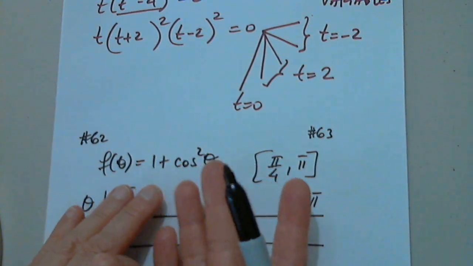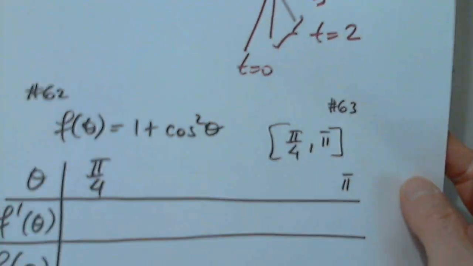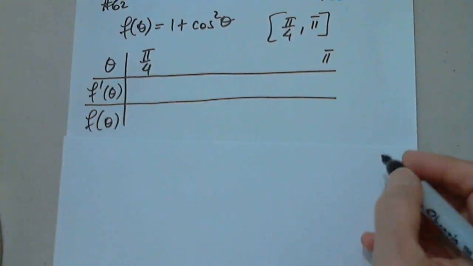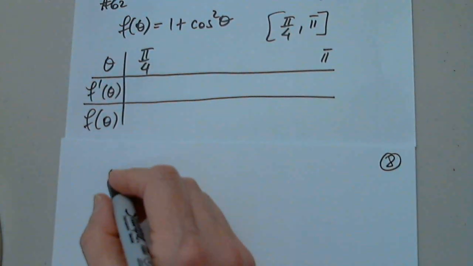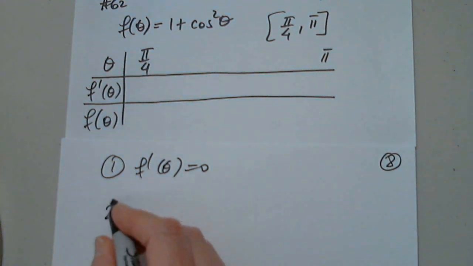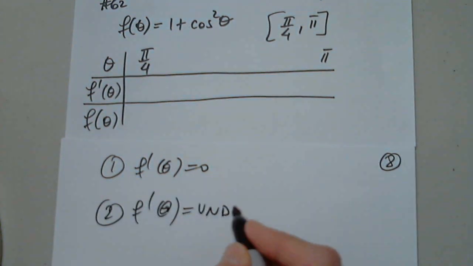This is always defined on pi/4. Its derivative is always going to be defined, so no critical numbers coming from f prime being undefined. But I'm going to write it anyway, so it's a refresher. Always, number 1, f prime of theta equals 0, and number 2, f prime of theta is undefined, none.